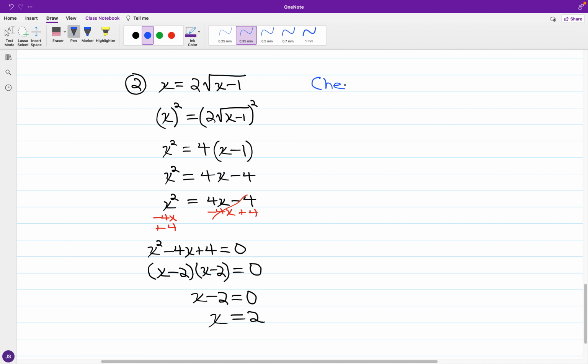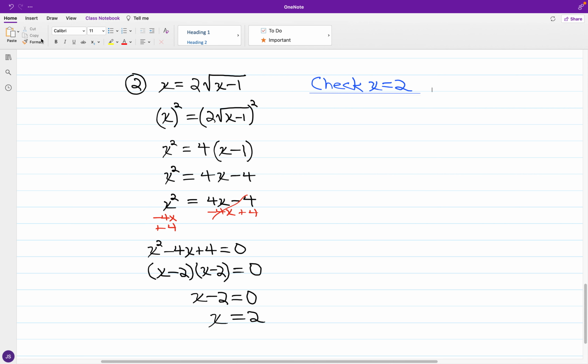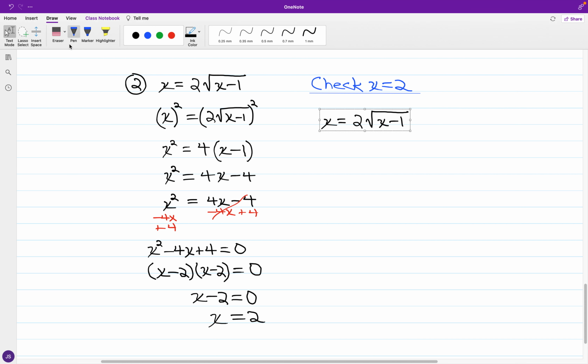Again, you don't have to write out the checking. I just at least want to give a visual layout. So if I fill in this equation, x is at 2.